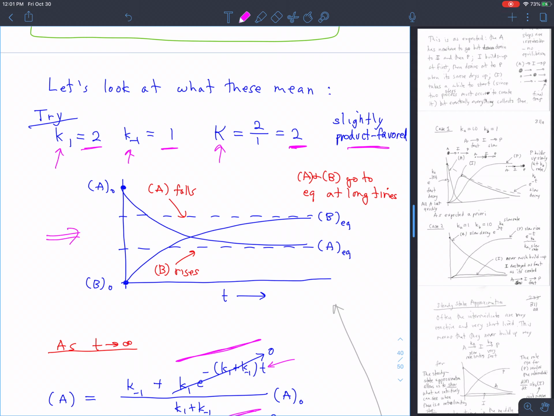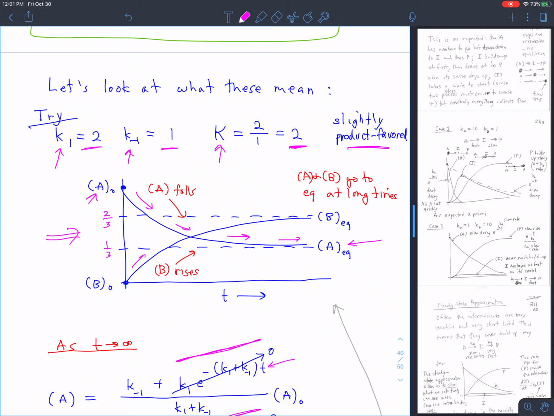We get, first of all, since we started with nothing but A, the A concentration has to go down, right? We're going to get some B created that's going to cause A to disappear. And so the A concentration falls steadily with time, but as time gets longer and longer, it's got to approach this final asymptotic value, this equilibrium value for A, which is going to be 1/3 of the initial amount that we started with, A0.